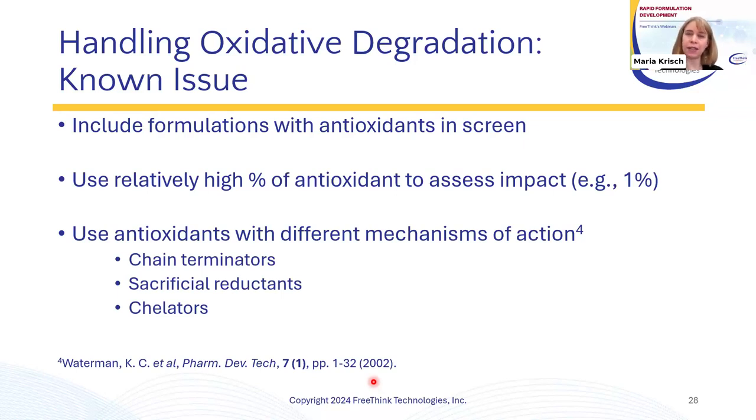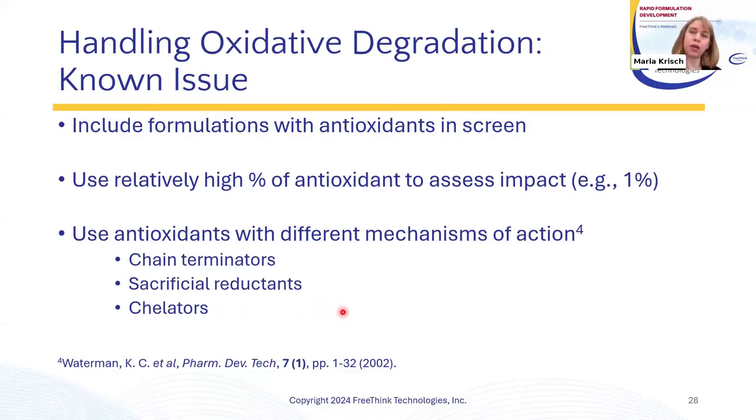And part of that is, is it using the right mechanism of action? So there's a wide variety of different antioxidants, and they really use different mechanisms. And that means they target different types of oxidative reactions. So for example, you could include in a screen antioxidants that are chain terminators, ones that are sacrificial reductants, or ones that are chelators taking up metals.